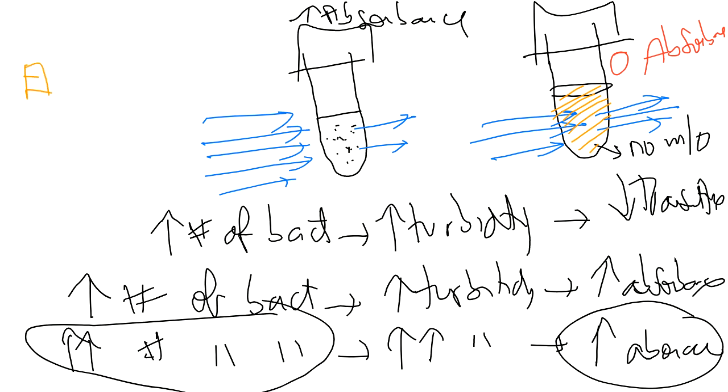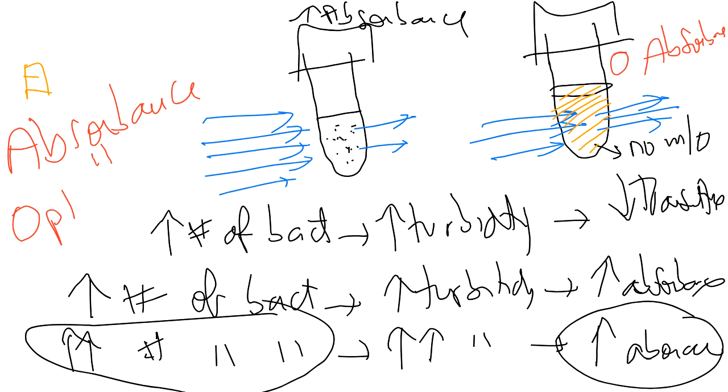Hopefully the lab would have told you that at one point or another. So absorbance, we don't call it absorbance, God knows why. We call it optical density or OD. So that's why the question says, give the value of the optical density. That's absorbance. Absorbance is optical density.